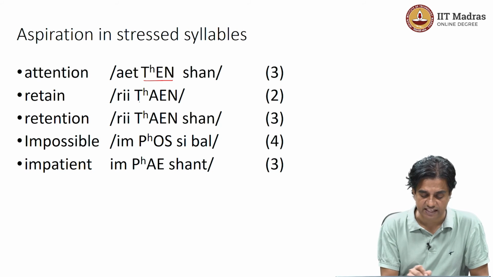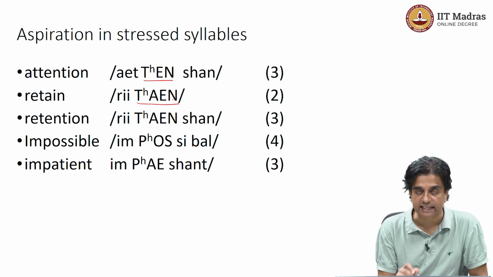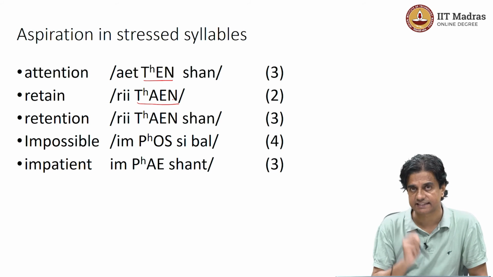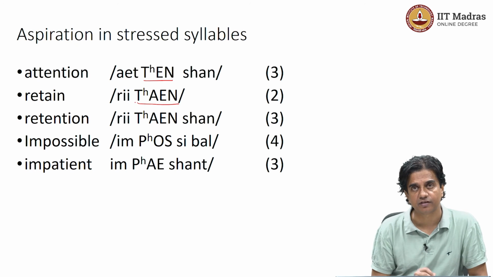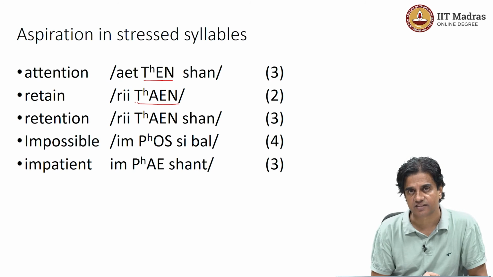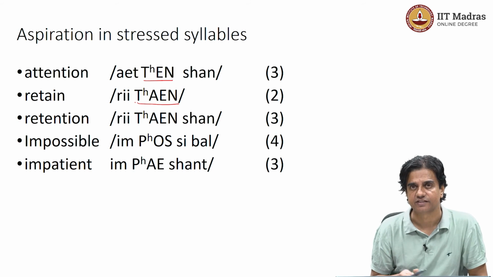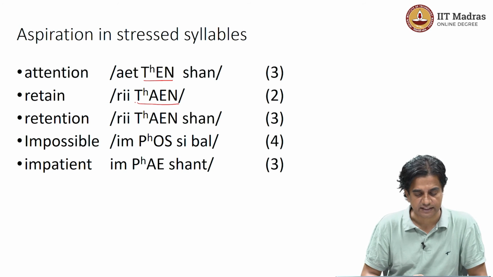In this word, retain, there are two syllables, and the second syllable is stressed. In the initial position of this syllable, we have a voiceless stop, ta, and it's getting aspirated. The word is retain.